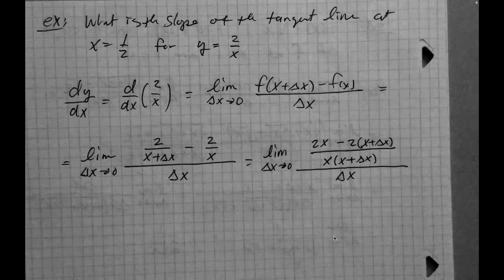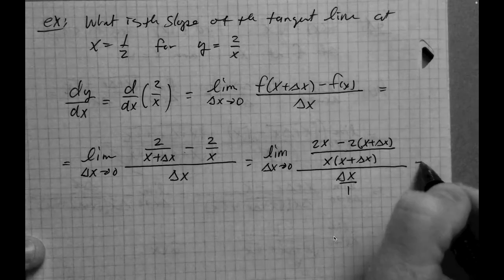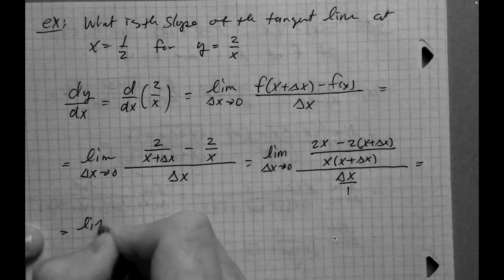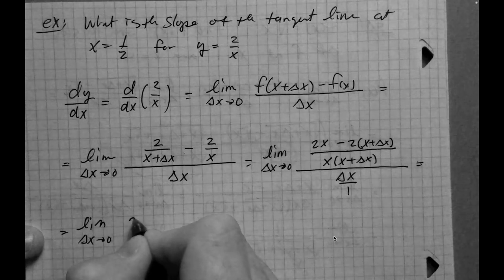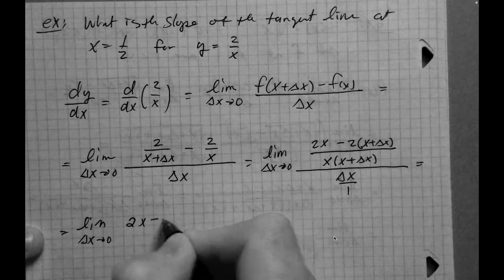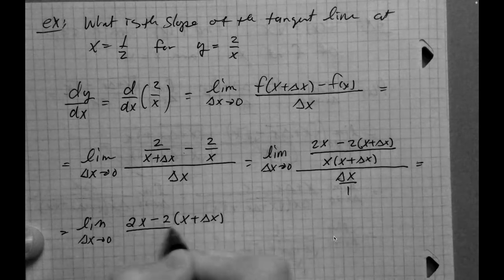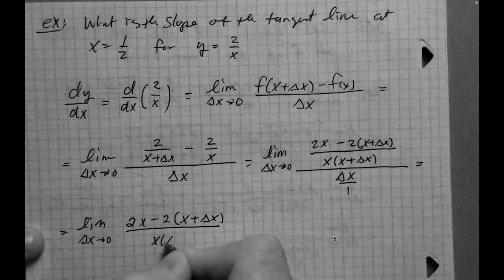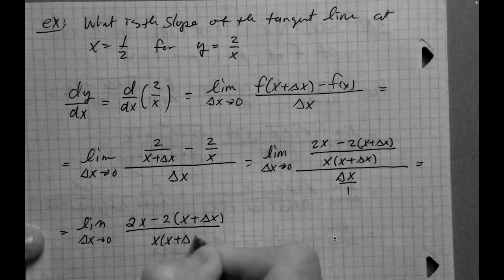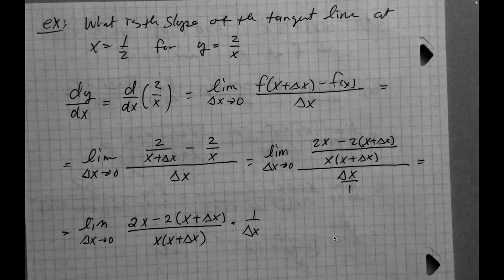Remember this is like delta x over 1, so it'll be the limit as delta x goes to 0 of 2x minus 2 times x plus delta x divided by this thing, times 1 over delta x, just being explicit about what we're doing.